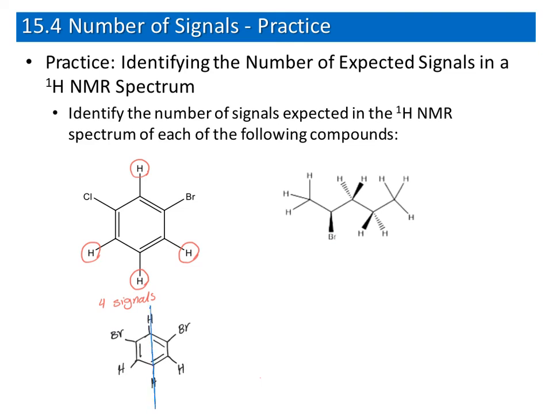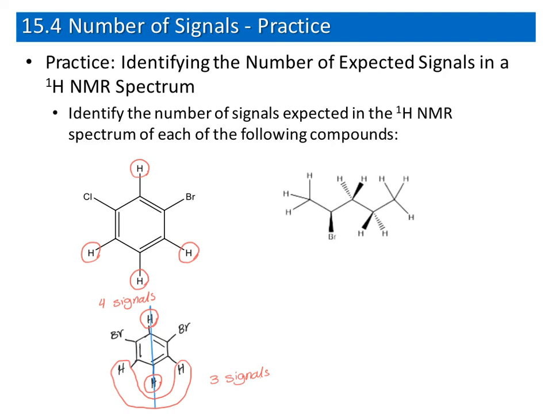So I'm going to see one signal for this proton, one signal for this one, and these 2 hydrogens are going to be the same. So I will see one signal for both of them. So overall, I'm going to see 3 signals in this molecule.